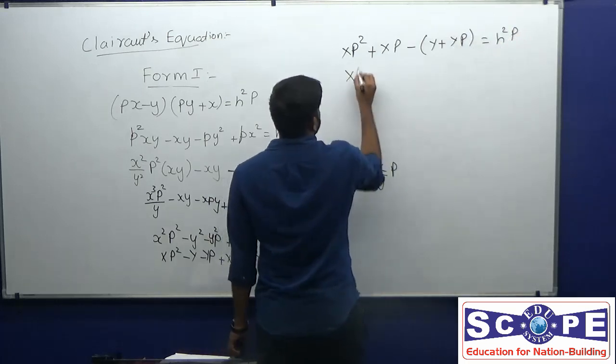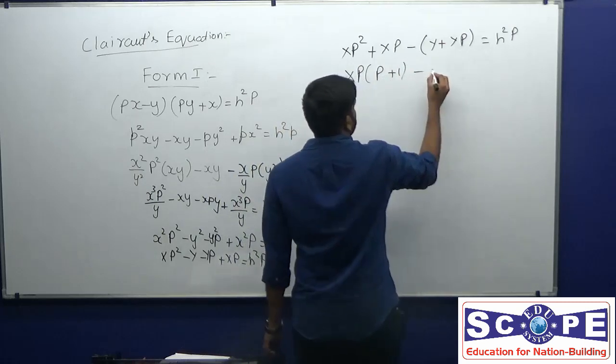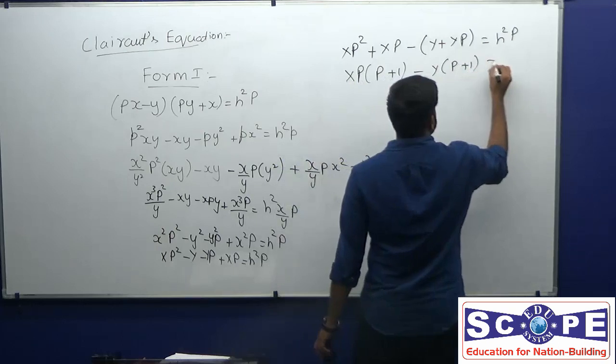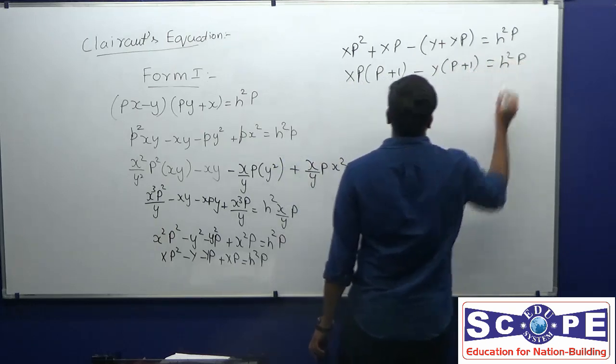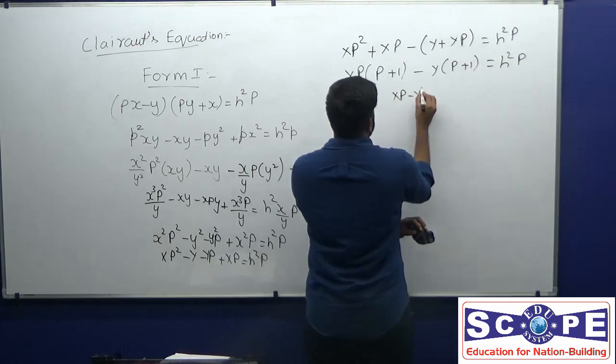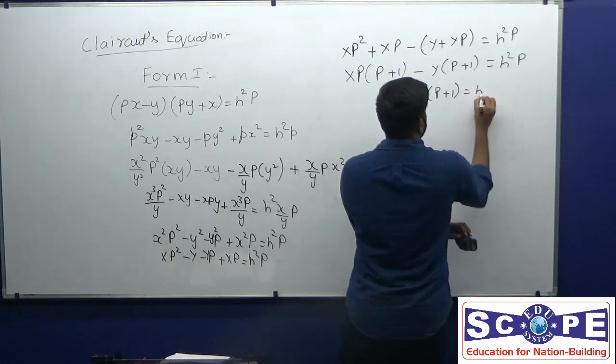If you take here xp as common, it would be xp into p plus 1 minus, if you take here y as common, it is p plus 1 equal to h square p. You can write this as xp minus y into p plus 1 equal to h square p.